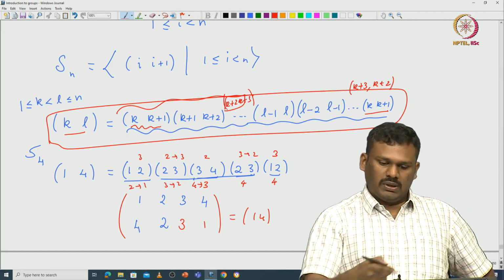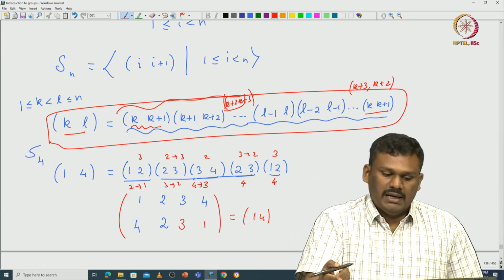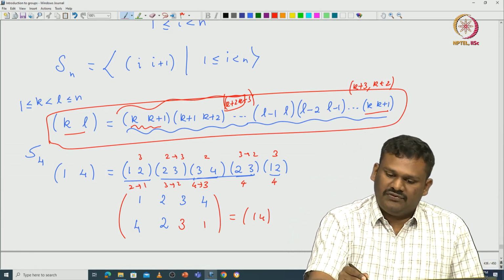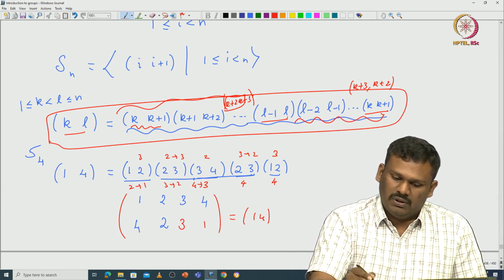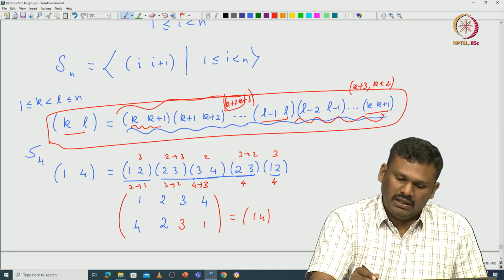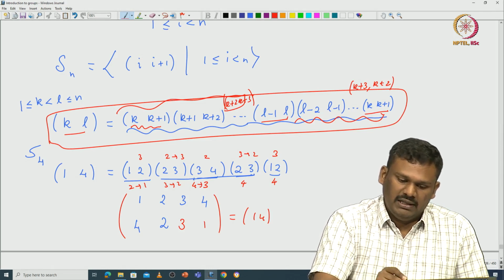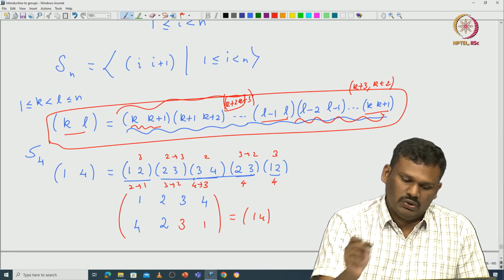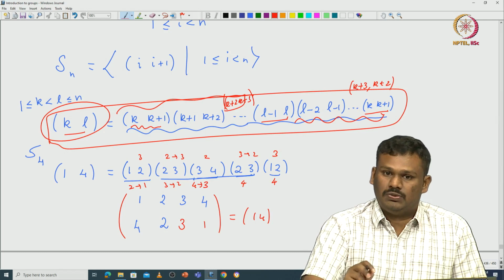So, likewise you can convince yourself that all elements are mapped to themselves except L, because L is fixed in all these except here L goes to L minus 1. If you come down all the way, this L minus 1 goes to L minus 2 and so on, then finally that goes to K plus 1, which goes to K. So, then that cycle is completed, it gives you transposition (K L).